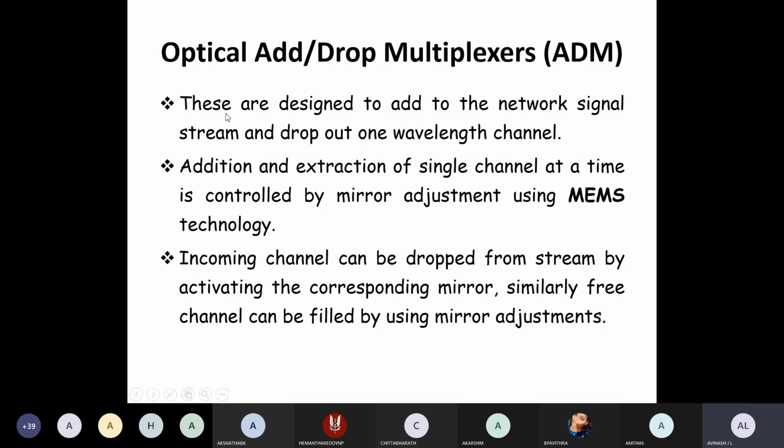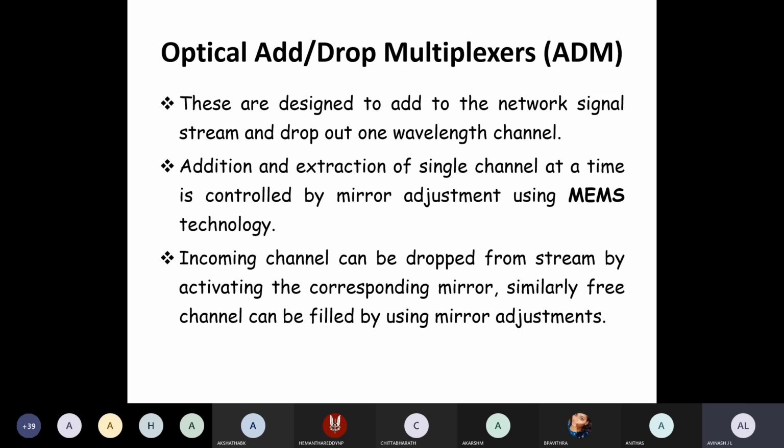Addition and extraction of a single channel at a time is controlled by mirror adjustment, as I explained in the diagram, how the mirror is placed. That is, addition and extraction of a single channel at a time is controlled by mirror adjustment using MEMS technology. See, it will be done through the mirror.